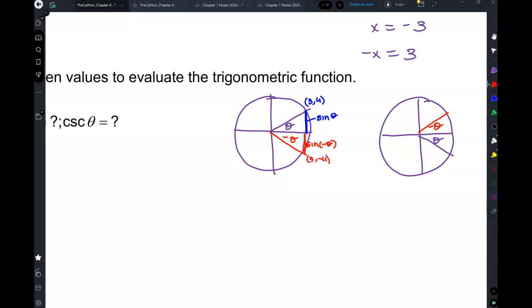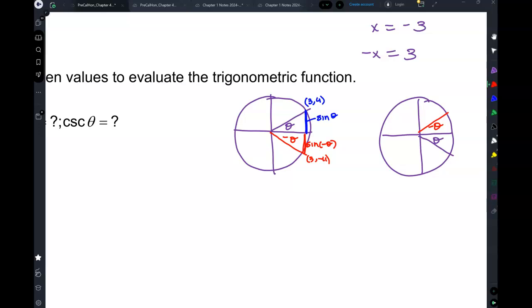Negative 4. When you take the negative of the angle, it's a reflection around the x-axis, so the y value will switch sign. How clever is that?